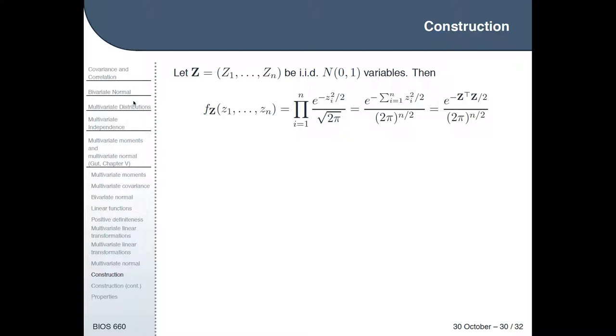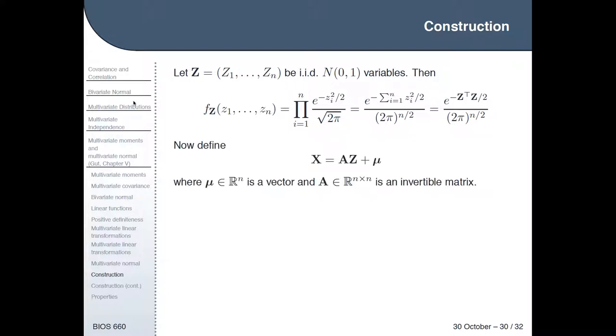We end up with e to the minus the sum from i equals 1 to n of zi squared over 2, over 2 pi to the n over 2, which is e to the minus z transpose times z divided by 2, over 2 pi to the n over 2. So far, so good, I guess. Now let's take a linear transformation of those variables: we multiply this random vector z by some transformation matrix A, and then add some mean vector mu.